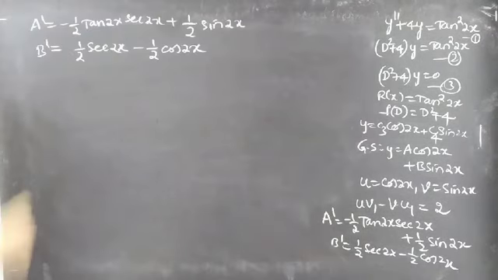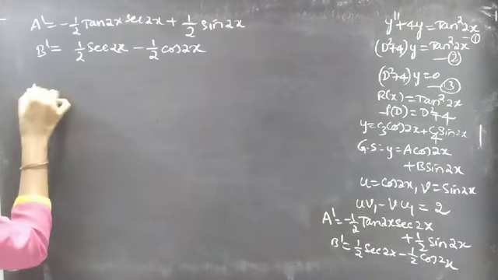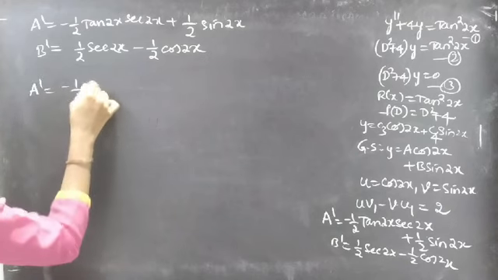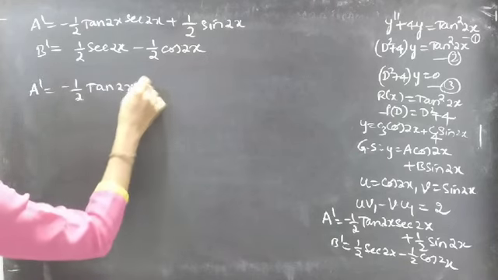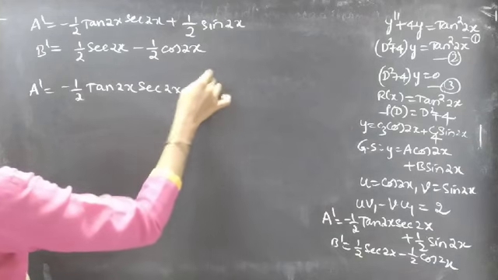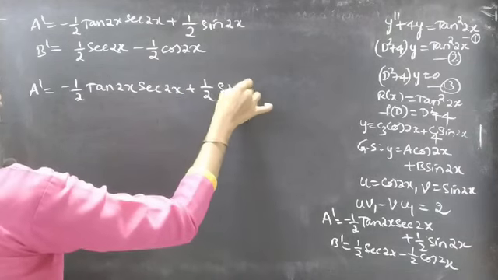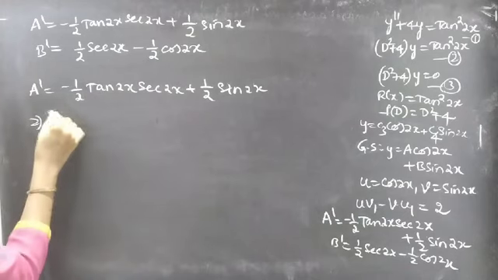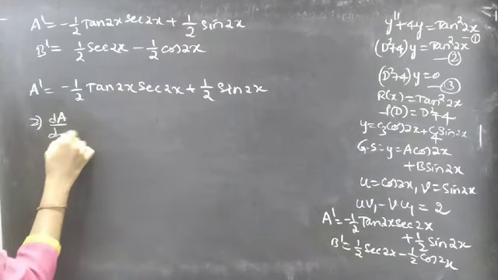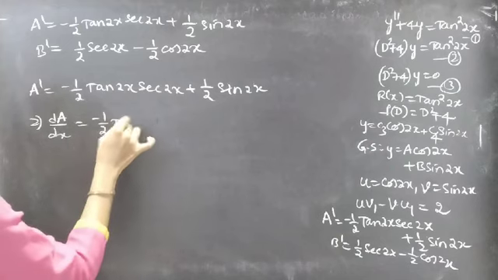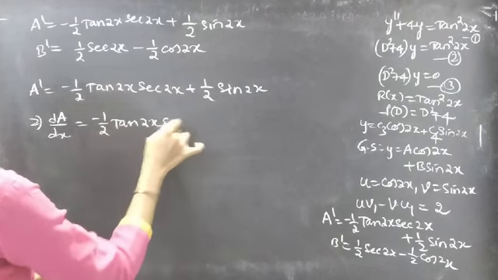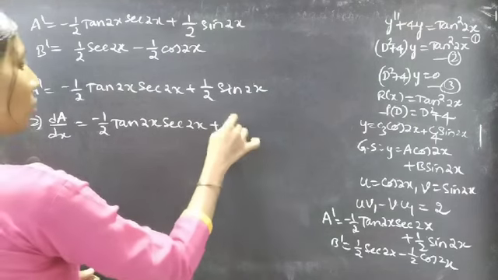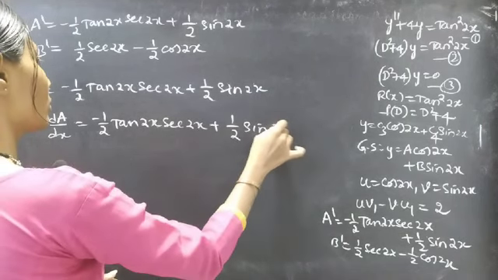Now let's find a using a dash. We have a dash equal to minus 1 by 2 tan 2x secant 2x plus 1 by 2 sin 2x. We know that a dash is the derivative of a with respect to x, equal to minus 1 by 2 tan 2x secant 2x plus 1 by 2 sin 2x, right?